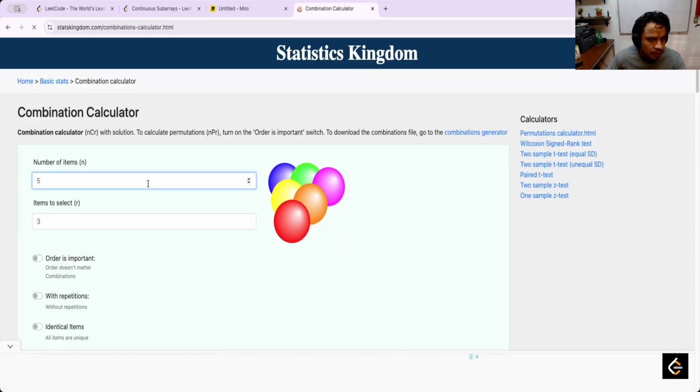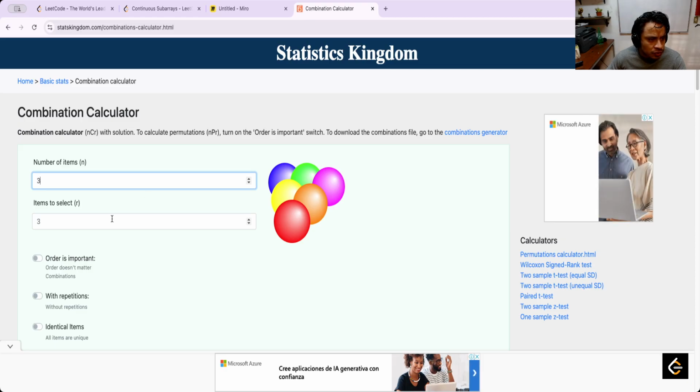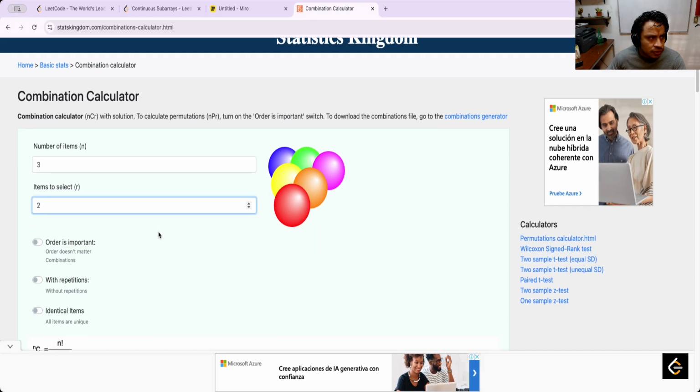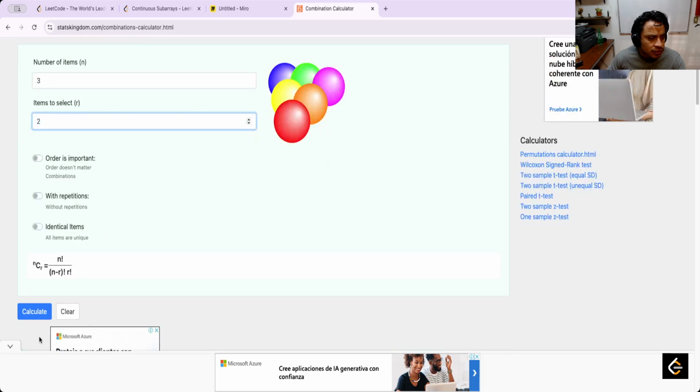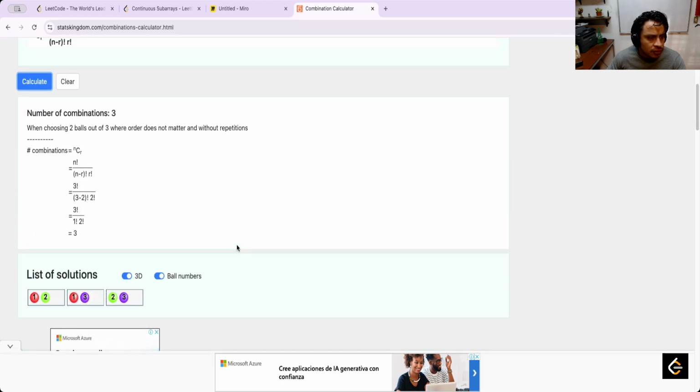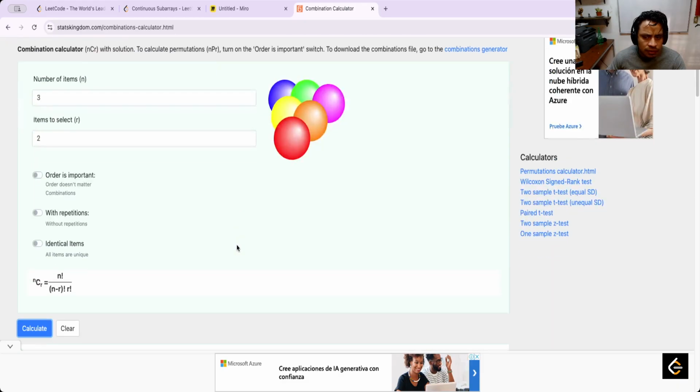For example, if I have 3 elements and I need to select 2, what is the answer?